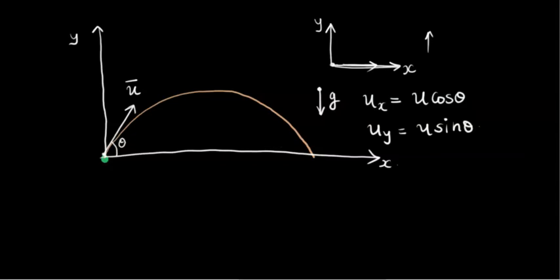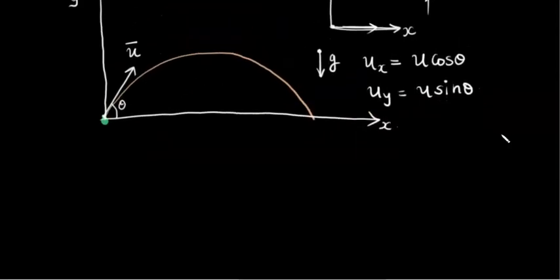Here we are going to take an arbitrary point, maybe this point. Suppose at this point the x coordinate is x and the y coordinate is y. Let me erase this so that you can see clearly. So this is y. Let's say this situation is after a certain time t.